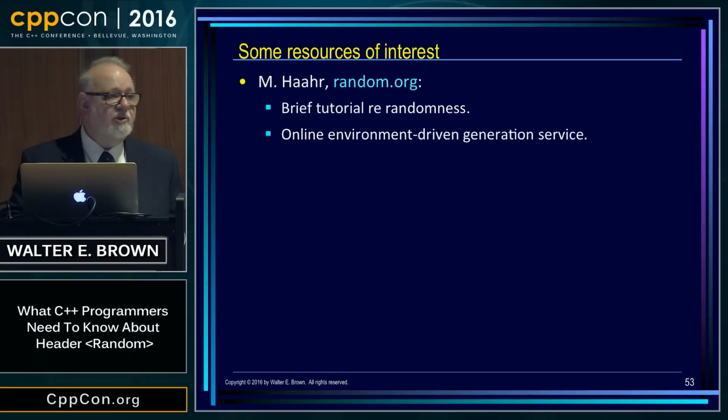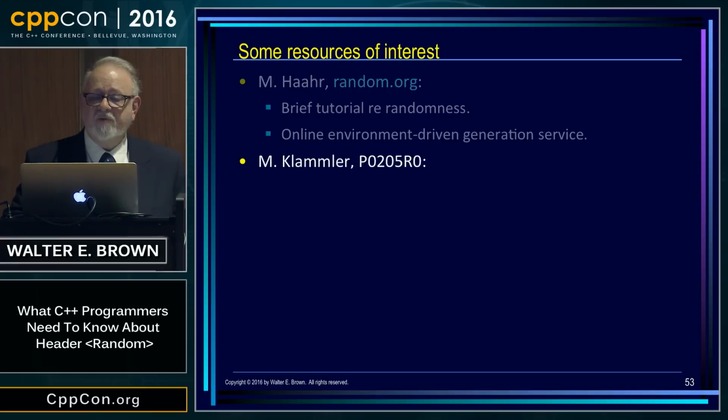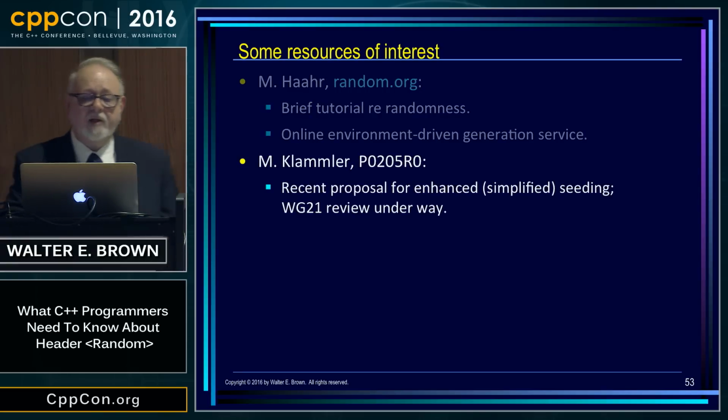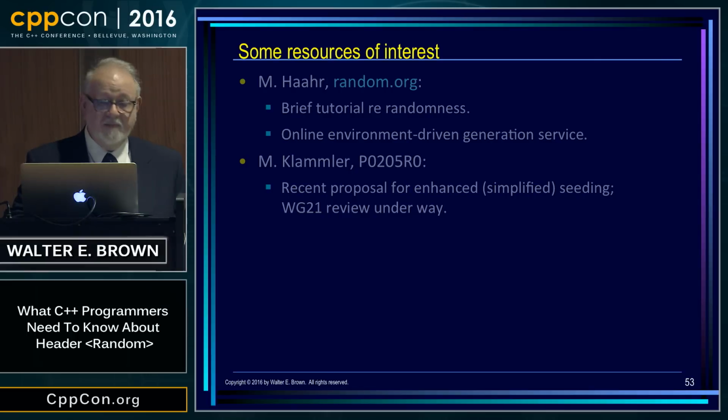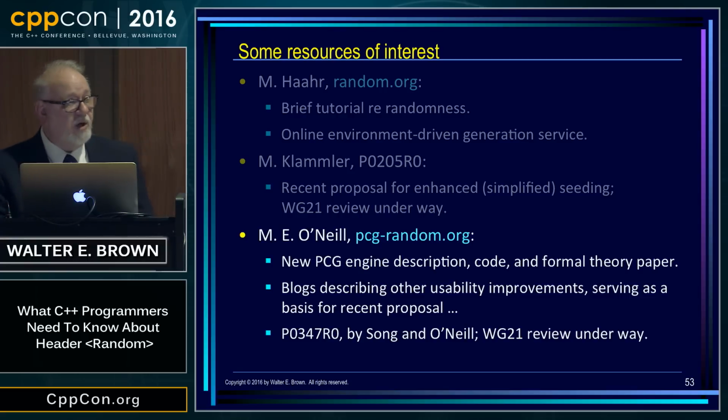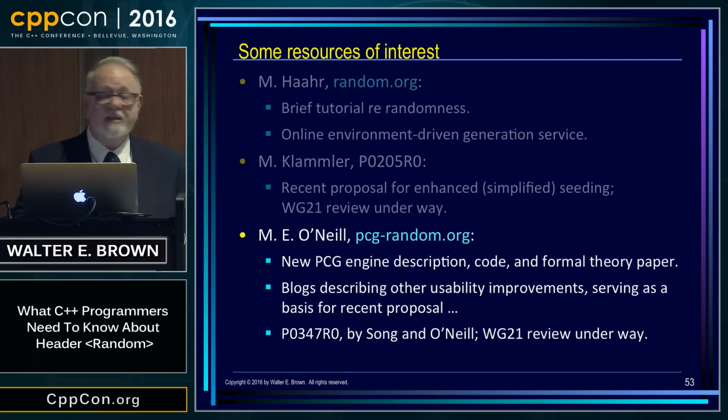Here are some places that you may want to look. Random.org I've mentioned before. There's a recent proposal by Moritz Klammler that we are looking at in committee to enhance and simplify the seeding of random engines. It's in the process. Melissa O'Neill has a website and has co-authored a proposal based on what she did there.